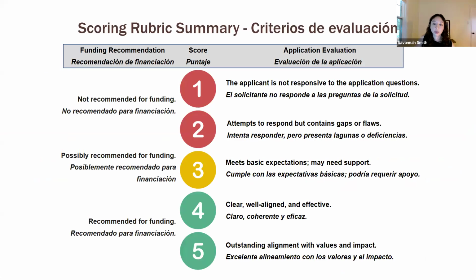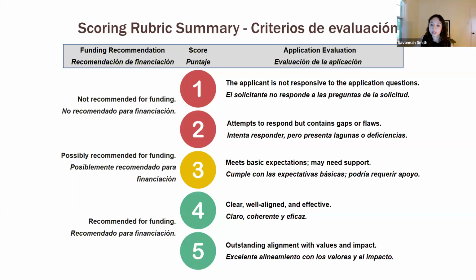This is the scoring rubric. The Community Evaluation Committee will be using a scoring rubric from 1 to 5, and you can see the breakdown there. If someone scores a 1, they were probably not responsive to the question, and they are likely not to be funded.